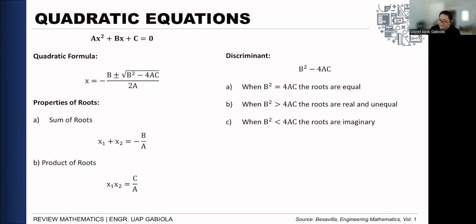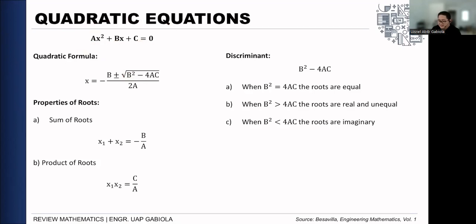Then from this, may makukuha ka diyang formula to calculate the value for the root, yung factor na pwede natin gamitin to arrive with the quadratic equation. And makukuha mo siya using this formula. So dapat memorize ito, no? Parang automatic dapat memorize ito, no? Negative b plus minus square root of b squared minus 4ac over 2a. Yung pertaining ng mga letters na ito dun sa coefficients nung general equation natin.